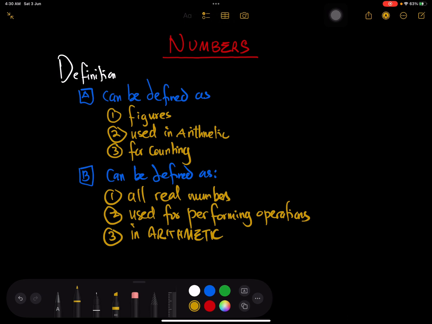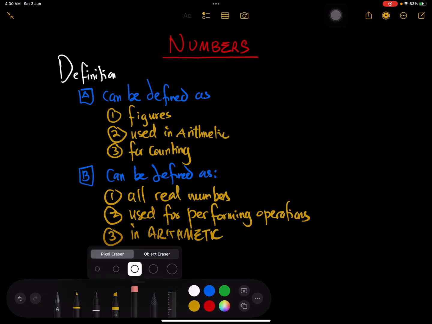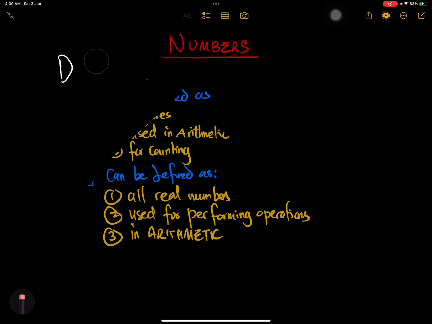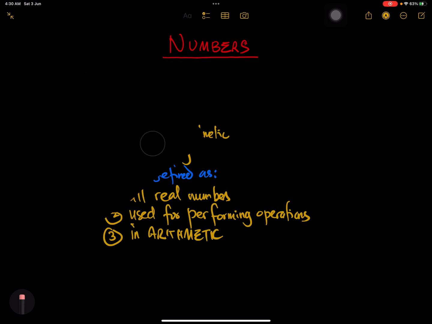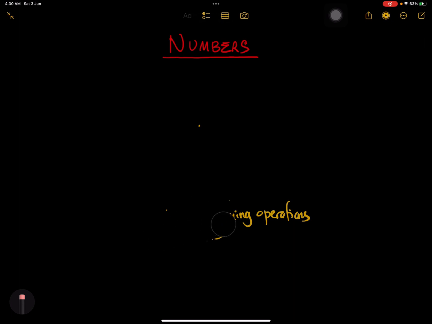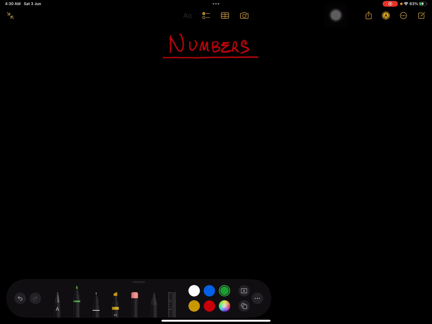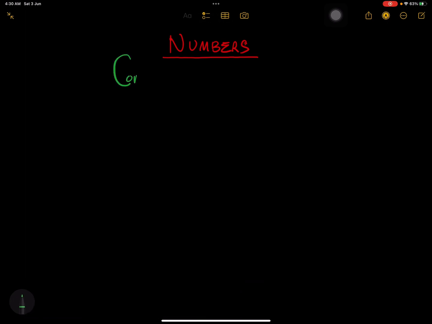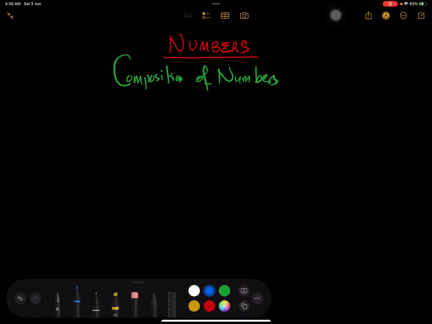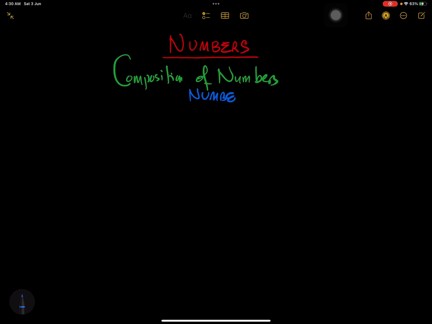All right. So the next thing we're going to be talking about is the composition of numbers. What makes up numbers? Now, if you have numbers, we are saying that they are all real numbers.